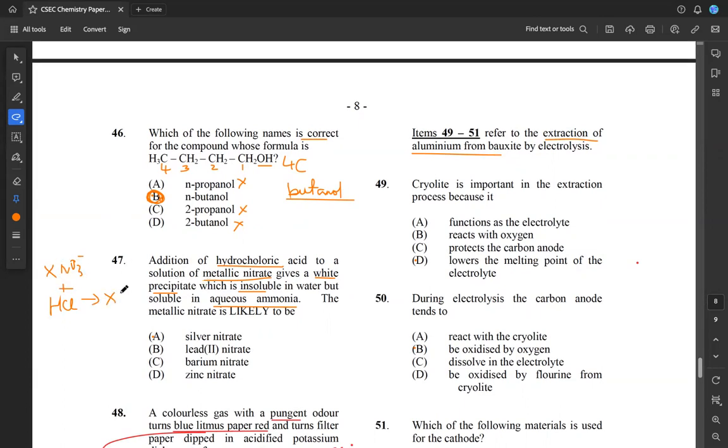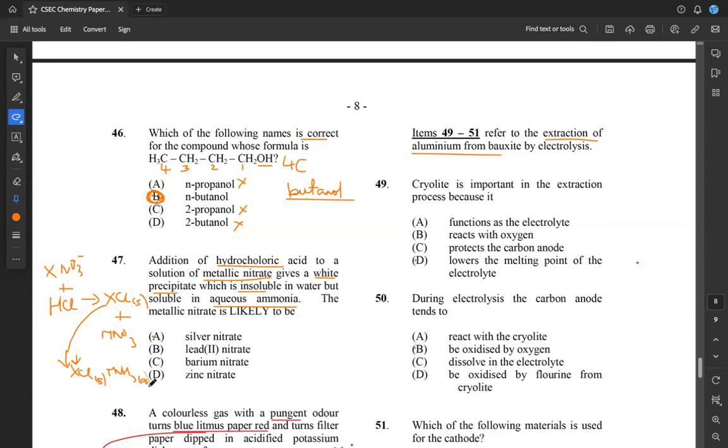So that's XCl, our insoluble salt, and we would also get HNO3 as well, right? So this is our insoluble salt, and they're saying that whenever we put this insoluble salt, XCl, where X is our unknown metal at the moment, in aqueous ammonia, it then becomes soluble, right?